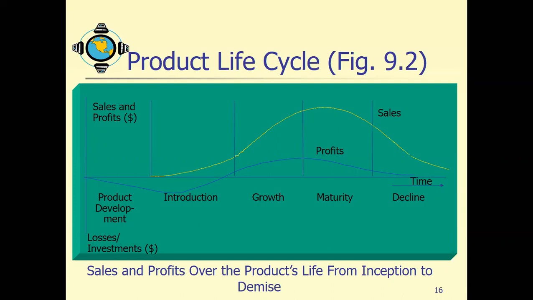Your childhood, your juvenile stage, your youth, your old age. So you see, this is actually the childhood, introduction. Growth is your juvenile stage, youth stage is maturity, and old stage is decline. So you have 4 stages.